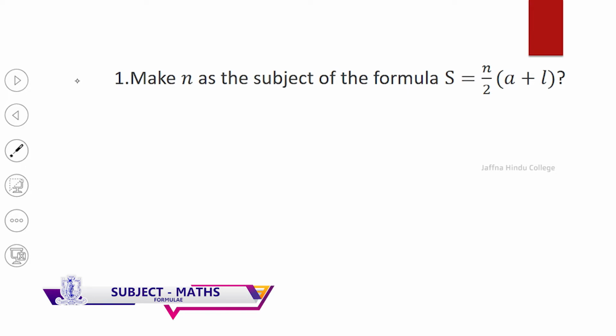And here we have to make n the subject of the formula. For that, first we have to divide by a plus l on both sides to remove the a plus l on the right hand side.